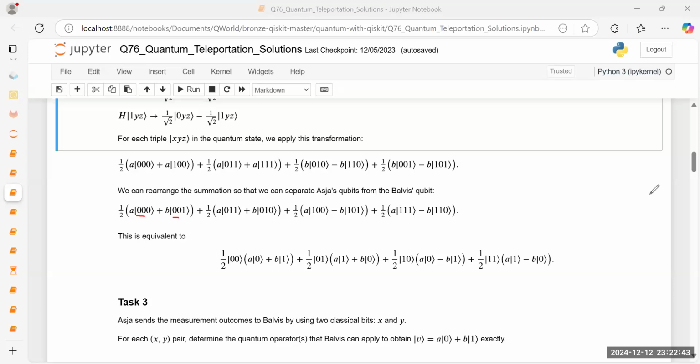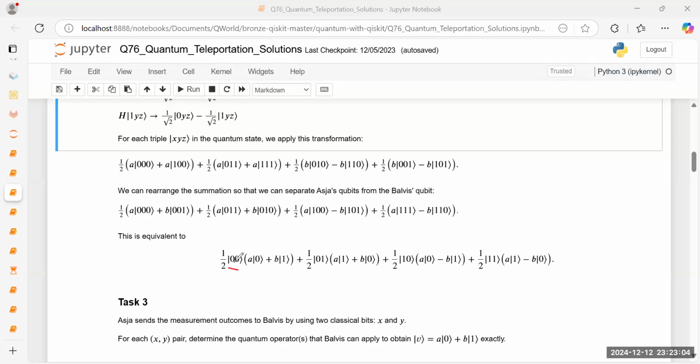So when we measure, let's say we get 0, 0 when we measure. Because of that, we know the states that Balvis has.